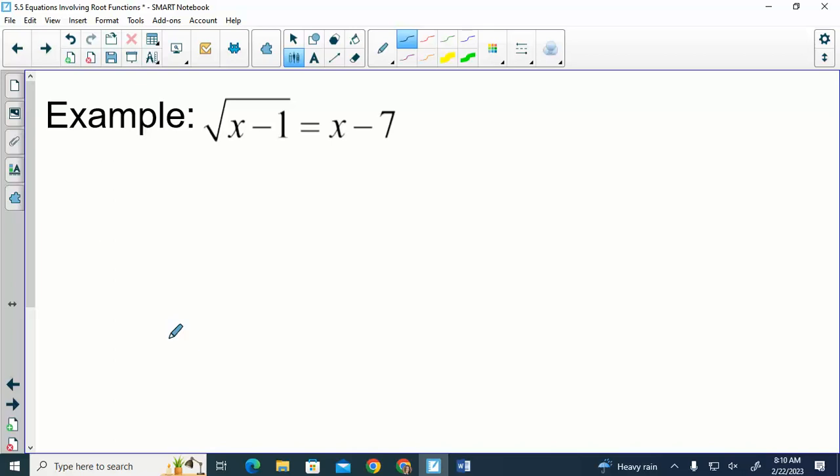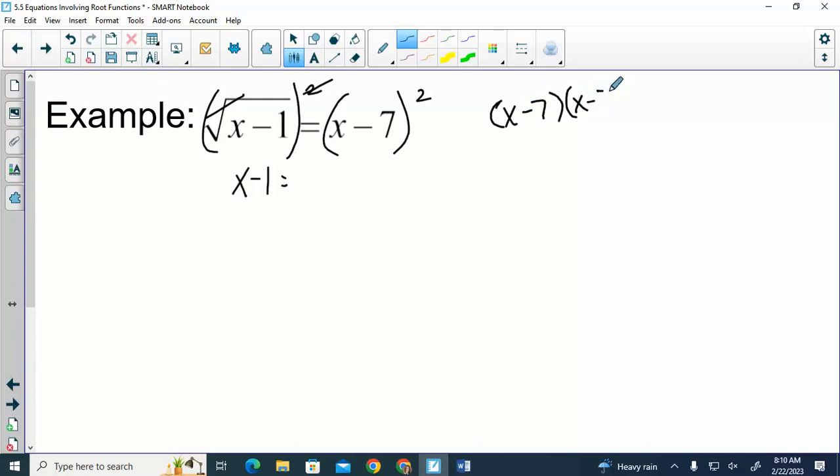So when we go through to get rid of a square root, we square, but we have to do each side. So on this side, those cancel, and we have x minus 1. And then to square on the right, you square that entire thing, that means there's 2 of them, so you have to FOIL. So you get x squared minus 7x minus 7x is minus 14x plus 49.